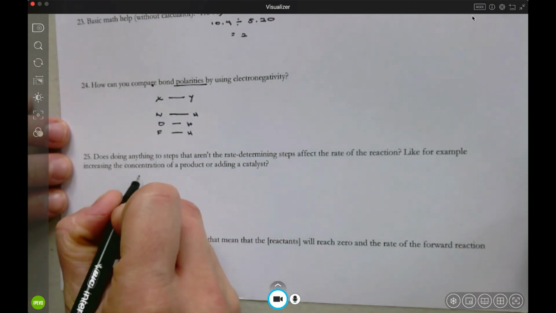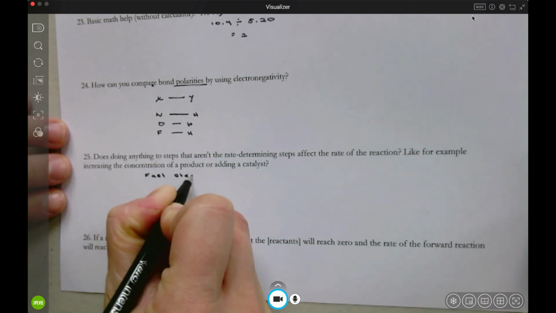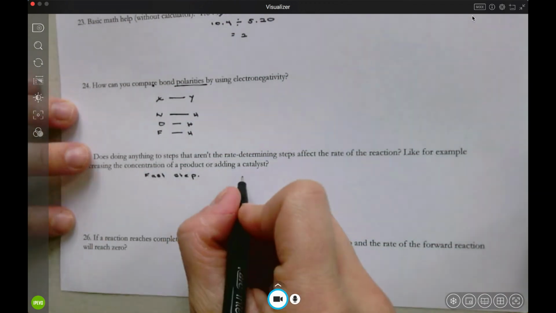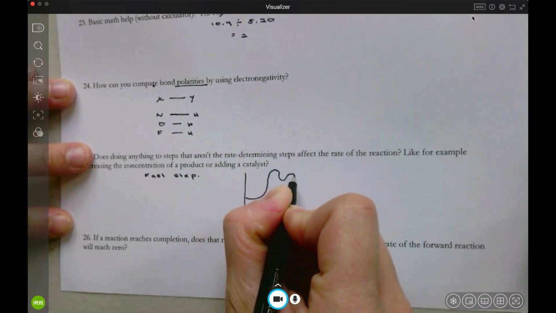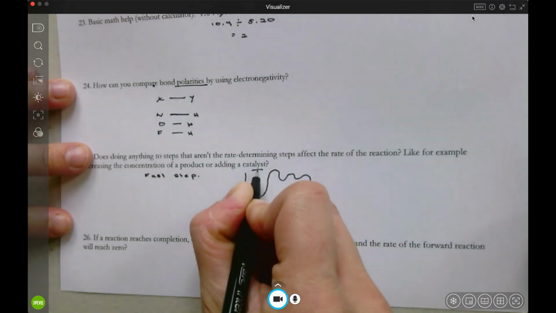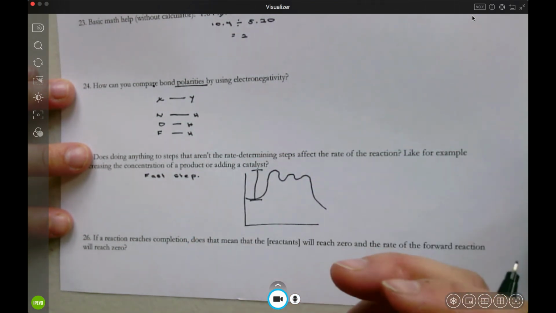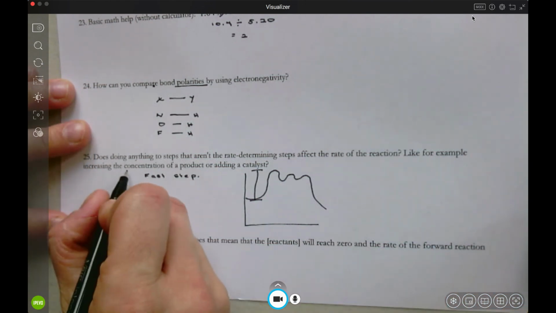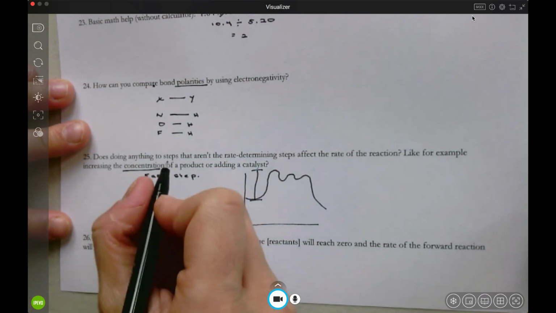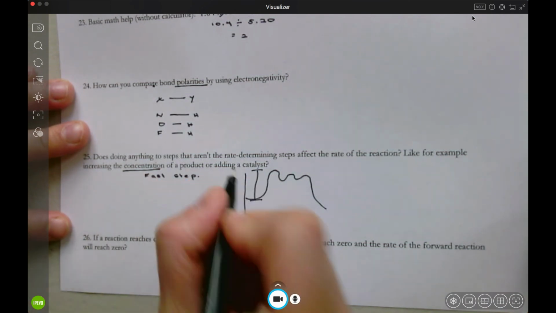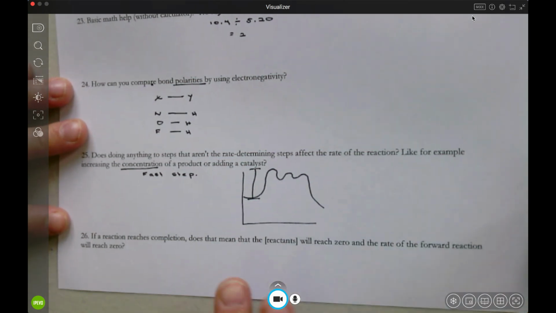So if you add a catalyst to a fast step, it's going to have no effect. Because remember, it's your slow step, this step that has the high activation energy, that is what dictates the rate of the reaction. And so no matter whatever concentration of, I think they meant to say a reactant that you add or adding a catalyst, it won't have any effect unless you're adding it to your rate determining step.